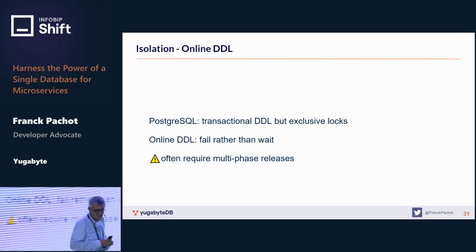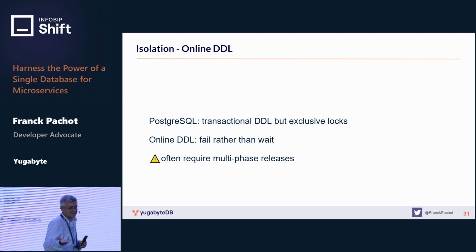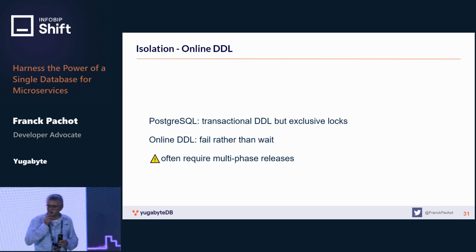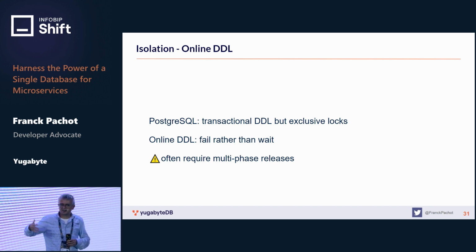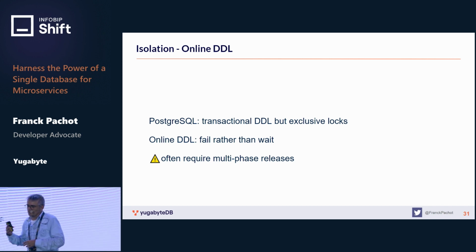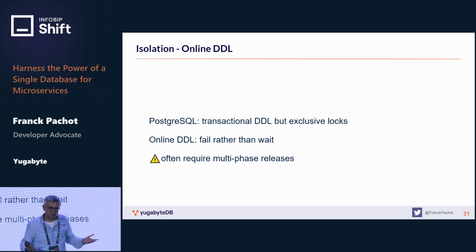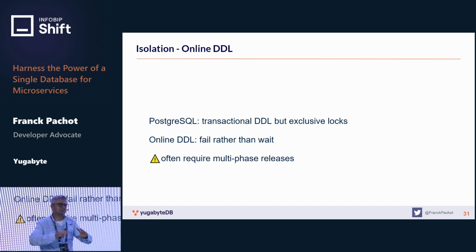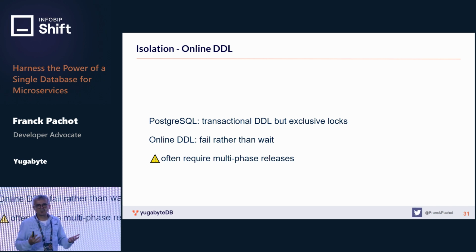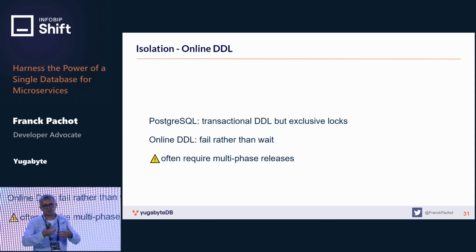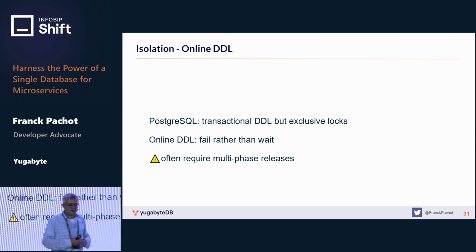And there is also something where it's quite difficult to isolate when you need to update the schema for a new release. In Postgres, for example, you can do DDL, so adding a column to a table, but this has an impact. So if you share the same table between multiple services, you don't want this impact on multiple services.